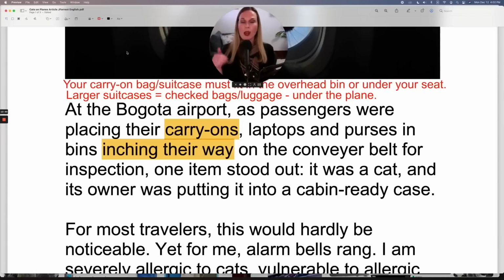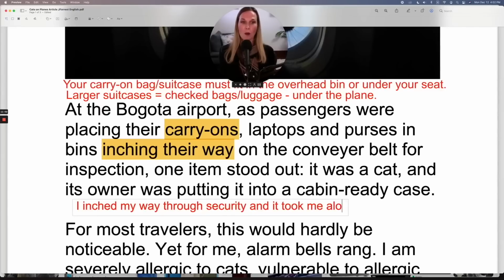So you could use that when you're at a grocery store or when you're going through security at the airport. So you might say, I inched my way through security and it took me almost 1 hour. So if you use inch my way, the person understands you're making progress slowly.